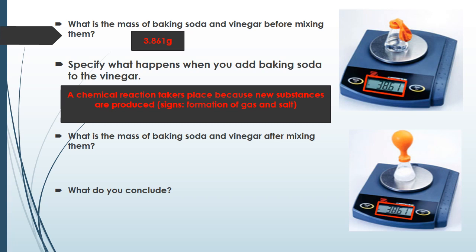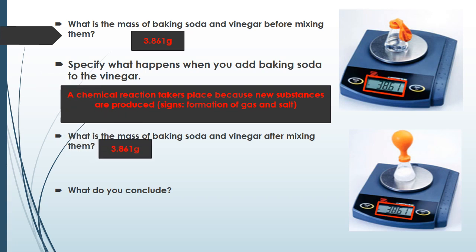The third question is, what is the mass of baking soda and vinegar after mixing them? So after a chemical reaction takes place, or at the end of the reaction, what is the mass of baking soda and vinegar?